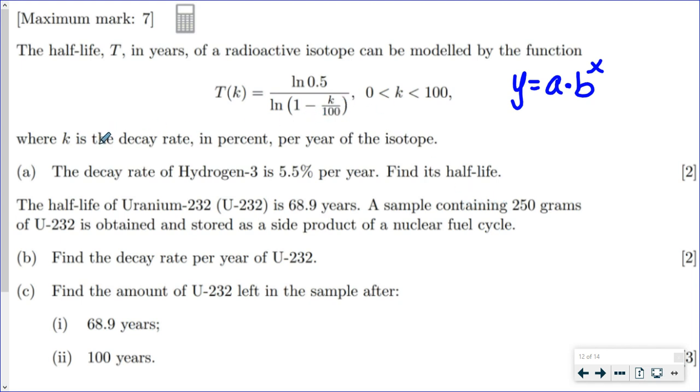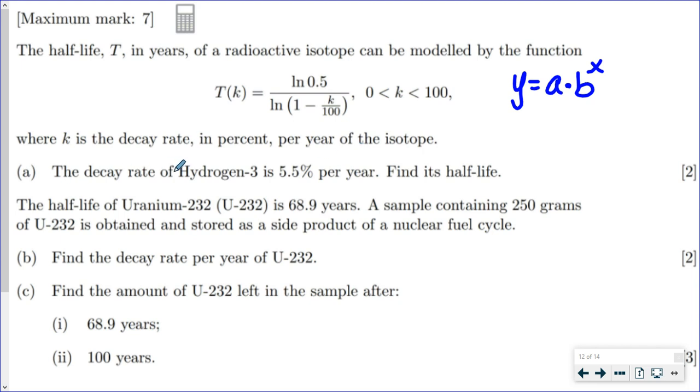Okay, so the half-life T in years of a radioactive isotope can be modeled by the function T of K is equal to ln of 0.5 over ln of 1 minus K over 100, where K is between 0 and 100. K is the decay rate in percent per year of the isotope.